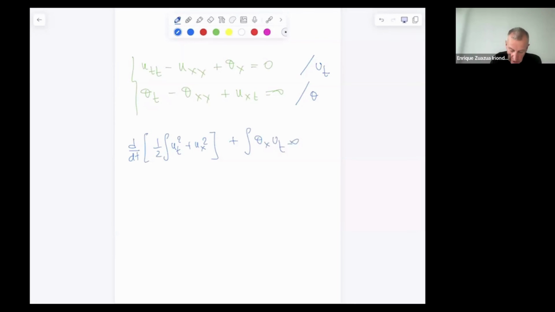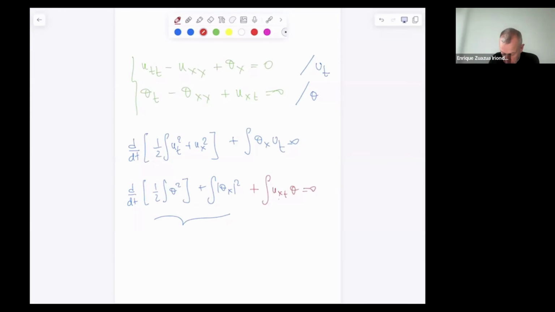Now, when you multiply by theta, you go to the second equation, you get the time derivative of 1/2 of theta squared plus theta_x squared. This is the classical dissipativity estimate for the heat equation. And then you get the cross term u_xt theta equals 0.